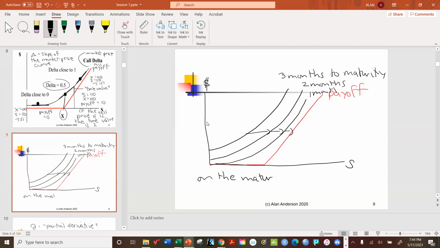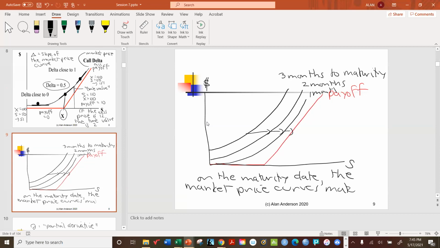And then on the maturity date of the option, the market price curve matches the payoff to the option. In other words, the red line would be the actual market price on the last day of trading of that option.